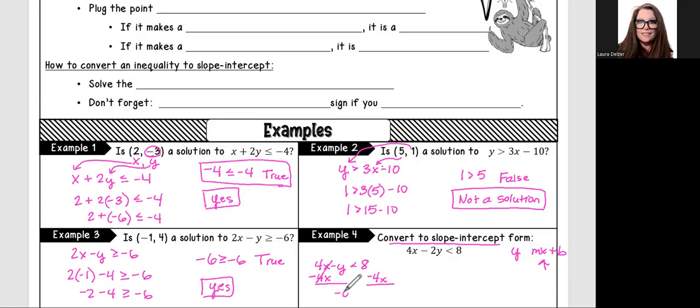I've got negative y is less than -4x plus 8. We cannot have that negative sign. Just like when we were doing regular slope-intercept, we can't have this negative here. We've got to get rid of it. And so to get rid of it, it is going to make us do some stuff. We can divide by -1.